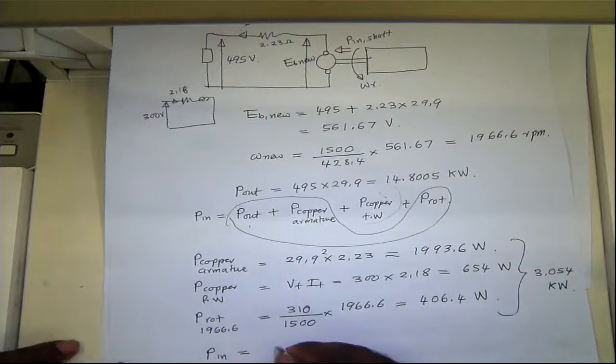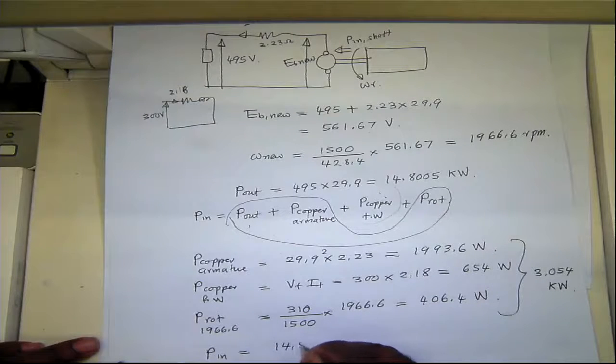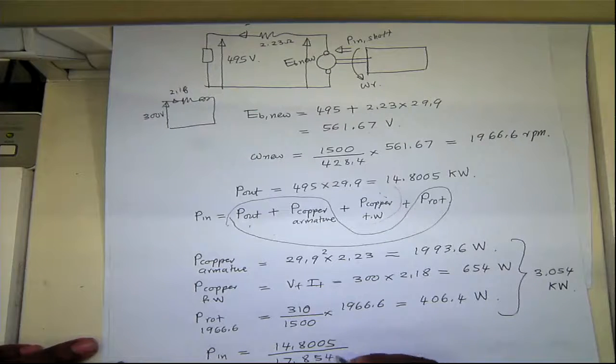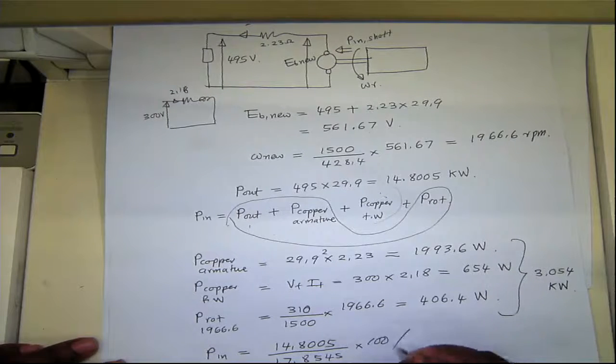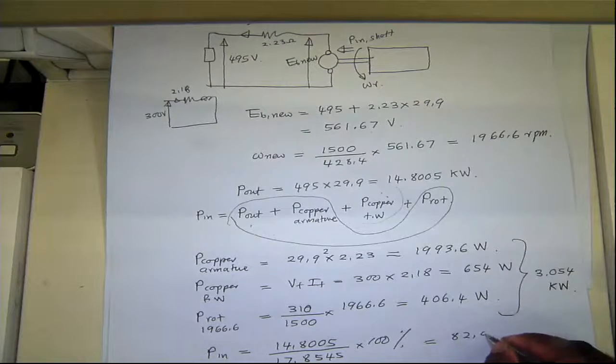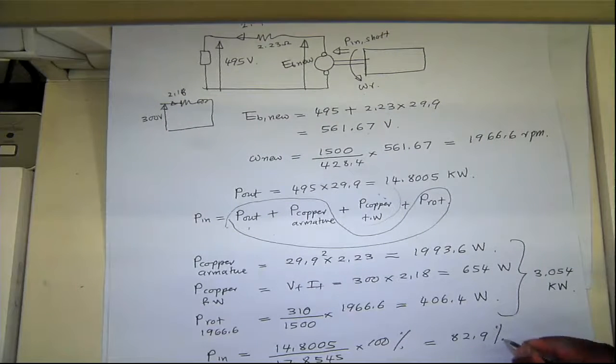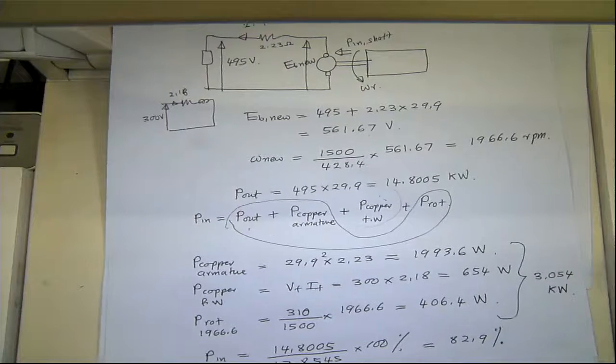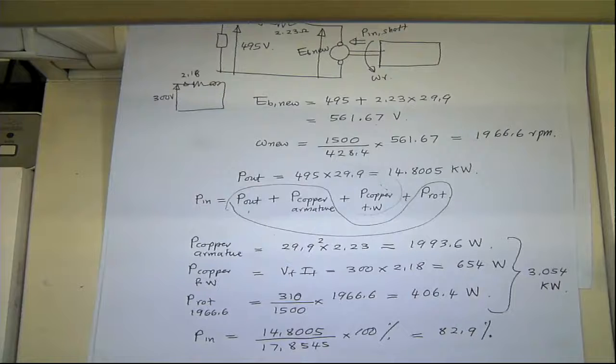So output power is 14.8005. Input power is 17.8545. As percentage gives you efficiency. So that's 82.9% efficiency for this operation as a generator.